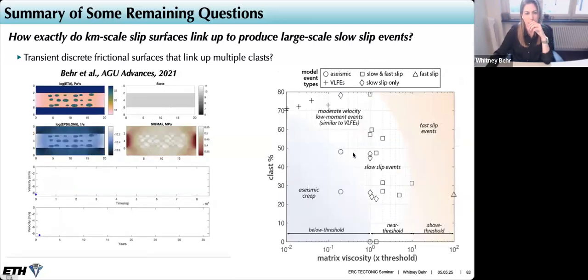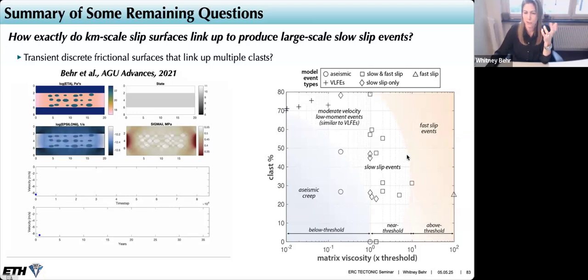And we use this to produce a little regime diagram that shows the types of events we expect for different values of matrix viscosity and clast concentration. This indicated that large-scale slow slip should occur for viscosity values that are intermediate, so basically close to the brittle-ductile transition of whatever material the matrix consists of.